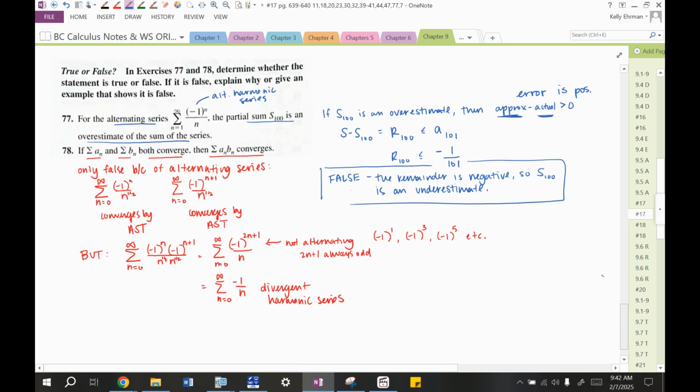All right, for 78, if Series A and Series B both converge, then their product converges. At first I was like, oh, this is true, because I'm running through things in my head. Any P series that converges, when you multiply, you would get a P series with an even higher value for P, so that would be true.